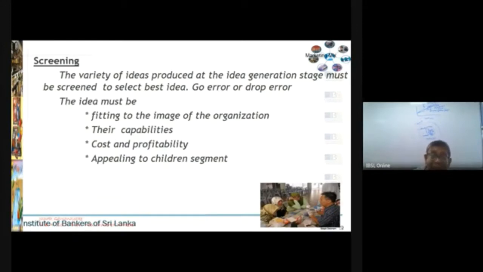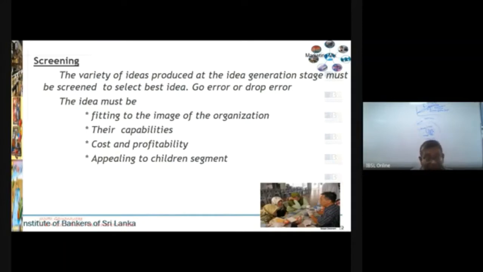Now you need to select the best idea of the many you have collected. This stage we call the screening stage of new product development. Stage number 2, screening. Now, when you're screening, you need to look at many factors.